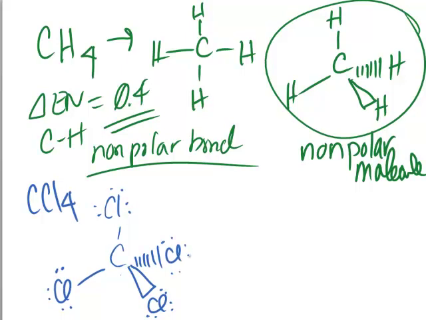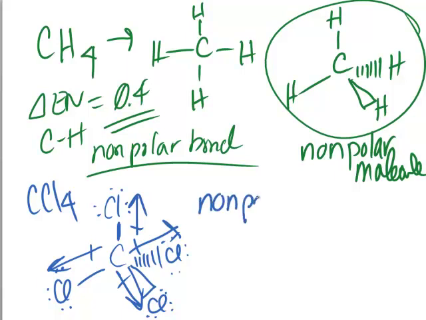Now, if you look at the difference in electronegativity, it turns out that carbon and chlorine do produce a dipole moment, or polar bond. There's a polar bond between the carbon and each of the chlorine atoms. But it turns out that carbon tetrachloride is a non-polar molecule.